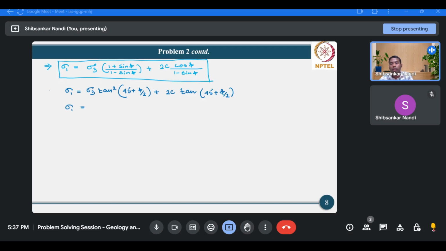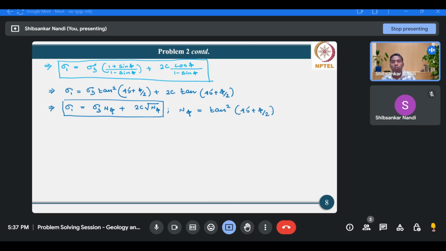If we take tan square of 45 plus phi by 2 as N phi, as a notation, then this will be root N phi. So this is the relationship between sigma 1 and sigma 3 at failure, where N phi is nothing but tan square of 45 plus phi by 2.